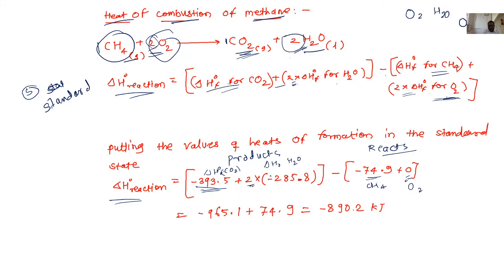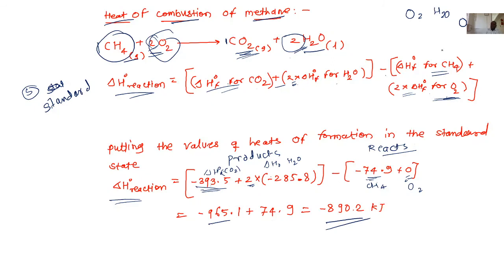So it is the summation of the products of delta HF0 minus the summation of the reactants of delta HF0. Therefore, that comes out to be minus 965.1 plus 74.9, which is equal to minus 890.2 kilojoule.